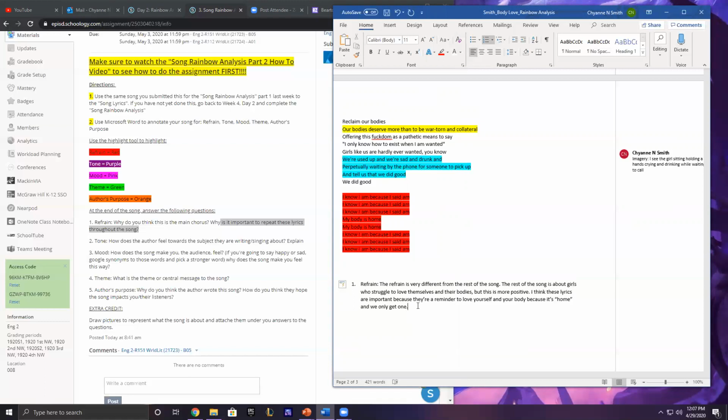So I put, this is important because compared to the rest of the song, it's a positive shift and reminds me of positive affirmations.